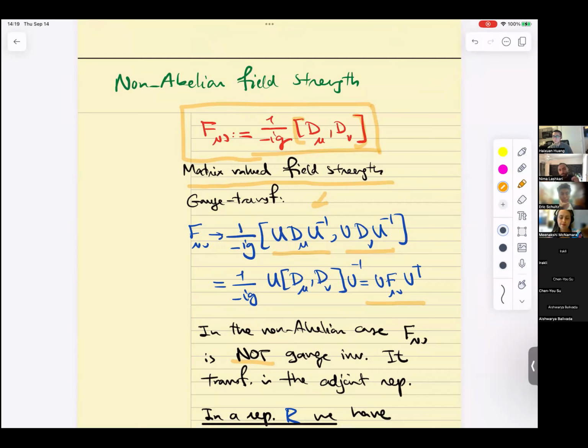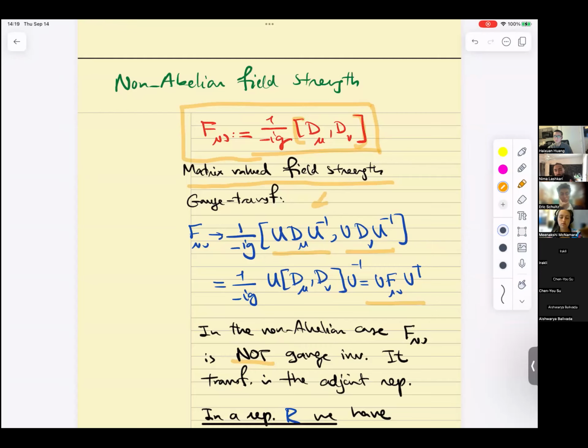This is crucially different from electrodynamics, where F mu nu was gauge invariant. The field strength of electrodynamics was gauge invariant. Once we generalize to a non-abelian theory, what we found is that the closest thing that deserves to be called field strength transforms covariantly in the adjoint representation of the gauge group.